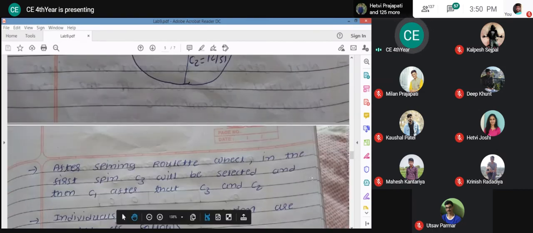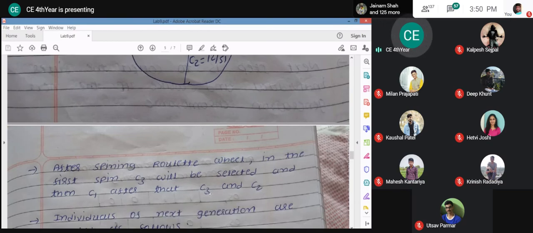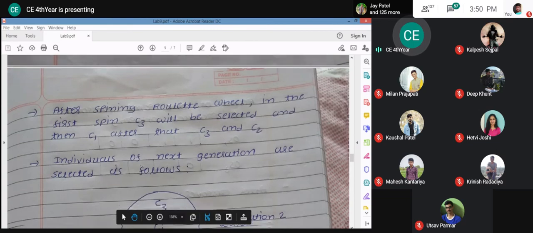Again when I move the wheel, next it points to C1. Then again I move the wheel, and let's say C3. The same individual may also occur again, because wherever the wheel stops, that particular individual you have to consider. So first C3, then C1, then C3 and C2.